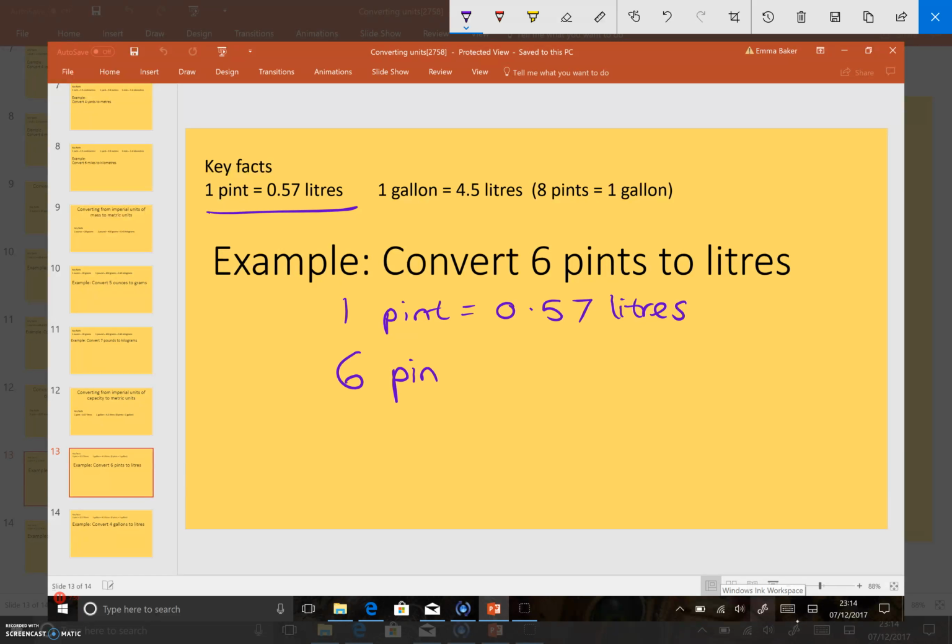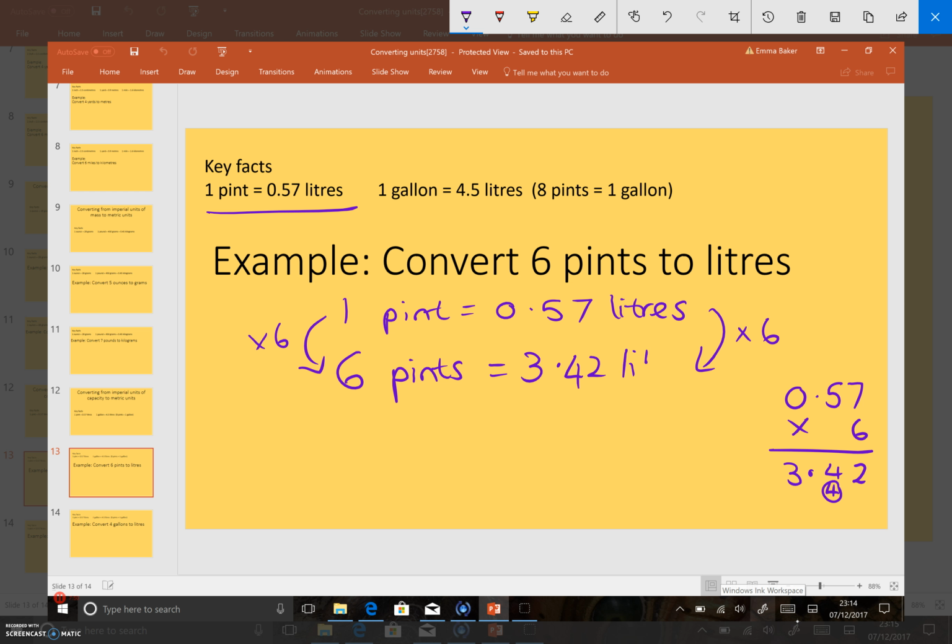I want 6 pints. So I'm multiplying by 6. And if I multiply that by 6, 0.57 multiplied by 6. 6 7s are 42, 6 5s are 30, add on the 4 is 34.